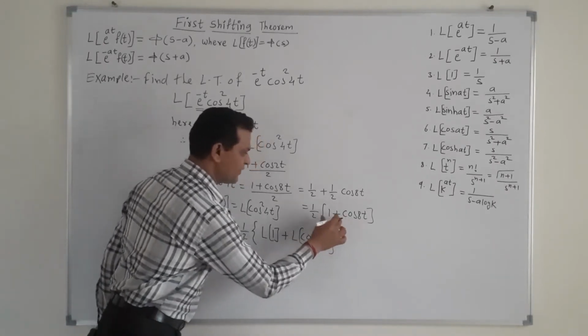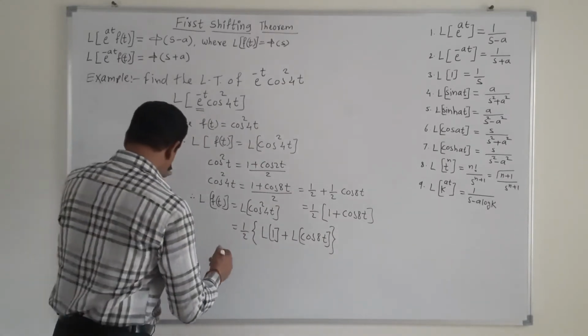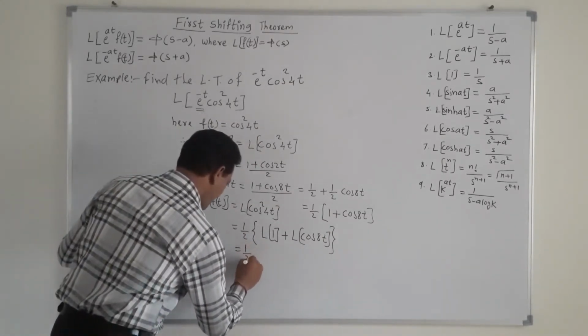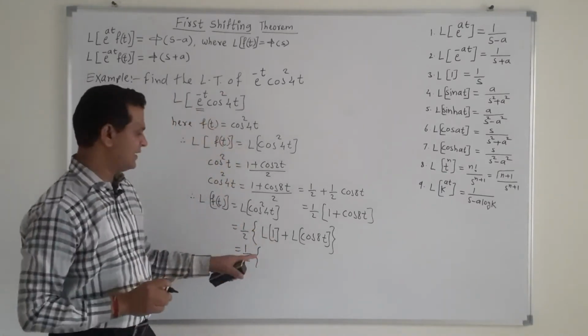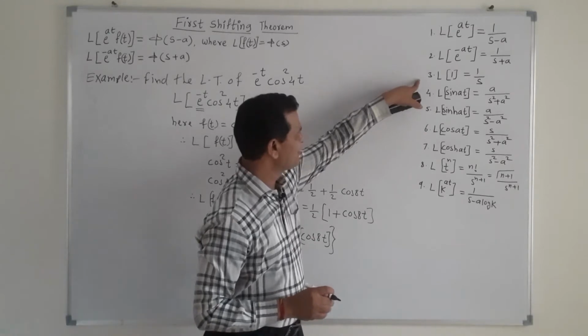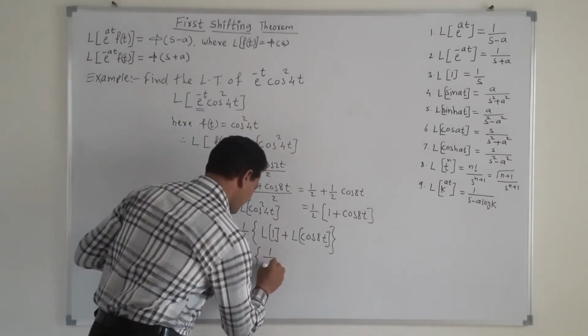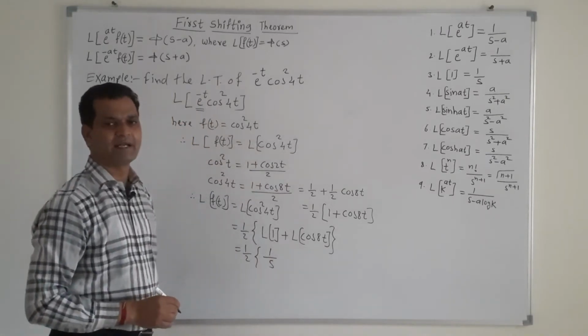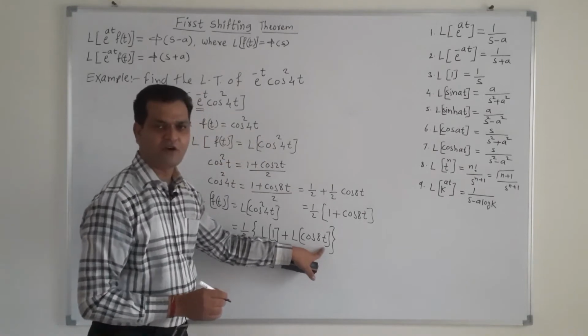Then we know the standard result that the Laplace transformation of 1 is 1 upon s. So we can write this as 1 upon 2, in bracket 1 upon s plus the Laplace transformation of cos of 8t.